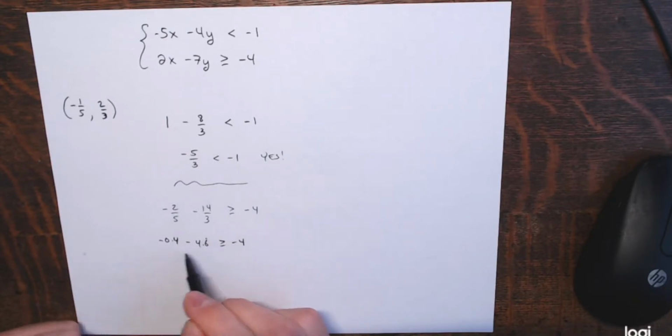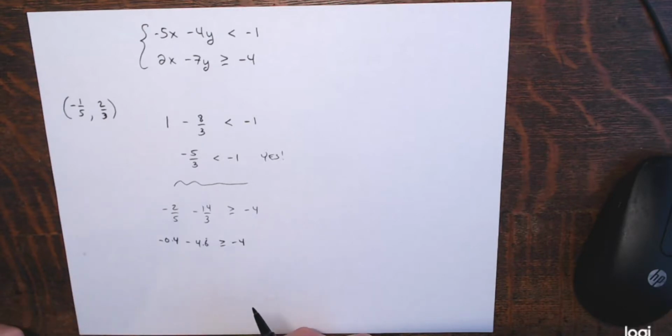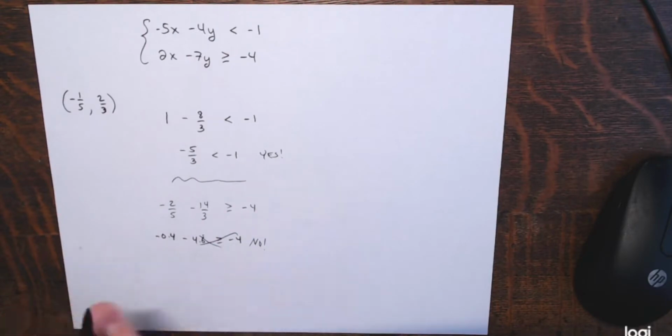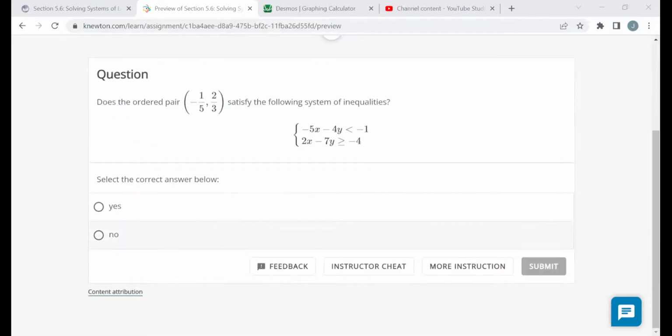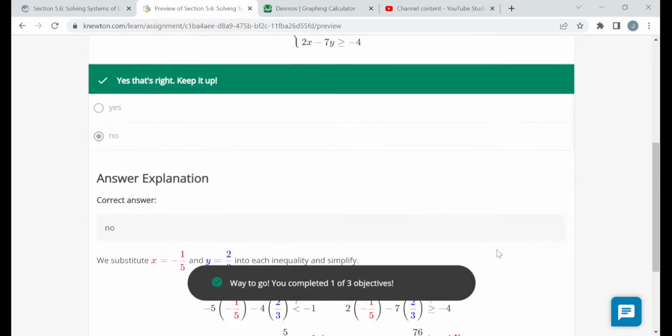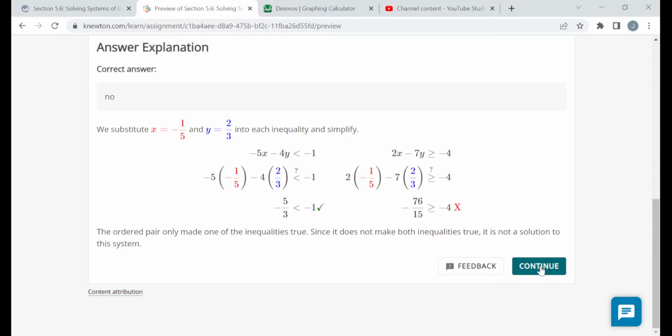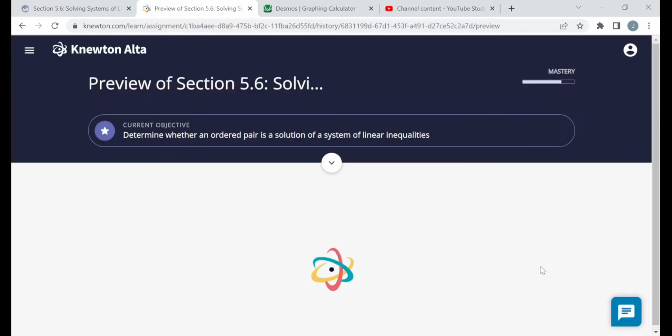This would be less than negative 4, not greater than or equal to negative 4, so no on that. Alright, so this does not satisfy the system. It satisfies the first inequality, but not the second one. Alright, so that objective's done, and I think that'll probably be the easiest of the objectives. Just plugging in values and seeing if it works out.